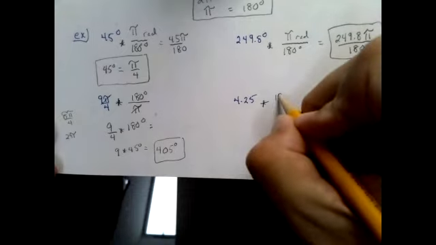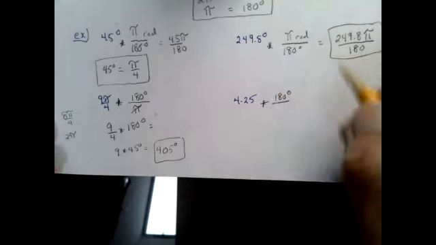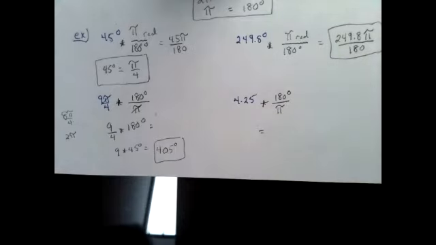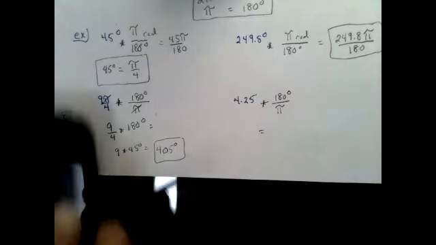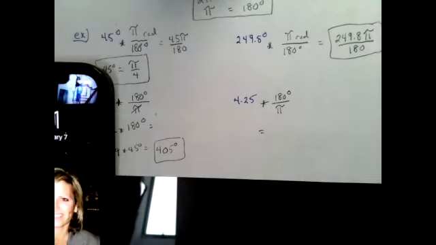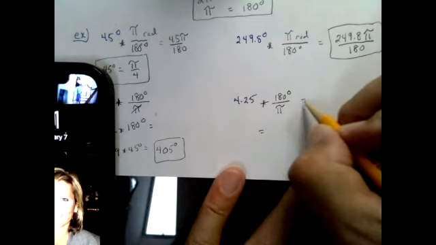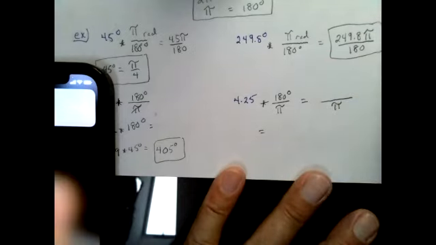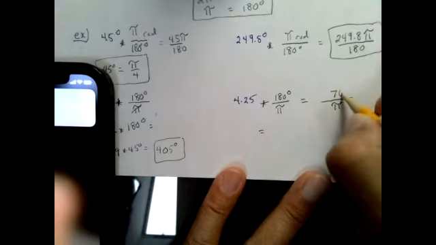Same thing. I want degrees, so degrees in the top, radians in the bottom. I'm going to ask Siri for help. Siri, hey Siri, what is 4.25 times 180? 4.25 times 180 is 765.